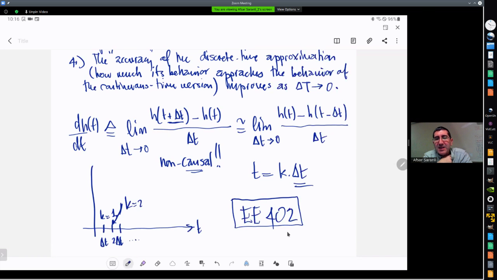Obviously, delta t becomes a factor in how closely the approximation follows the continuous time. And if delta t becomes larger and larger, it is perfectly correct what you have said, that the behavior will start to go farther and farther away from the behavior of the continuous time.